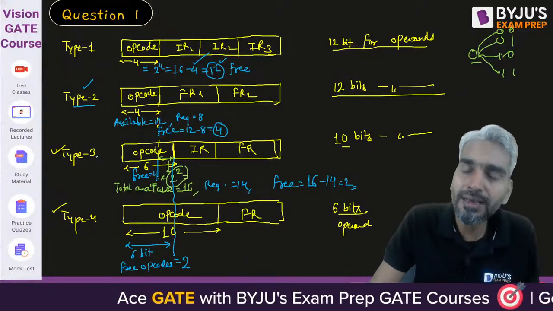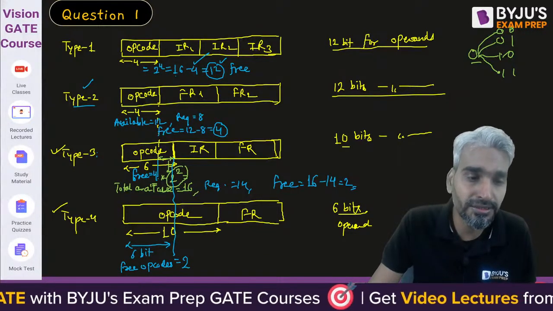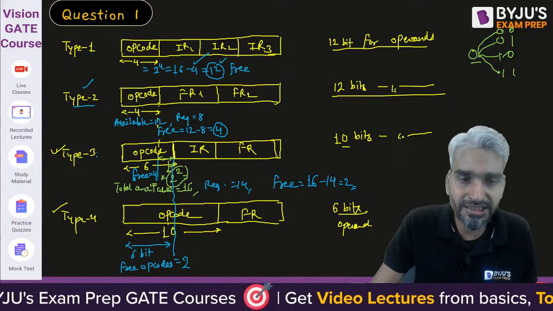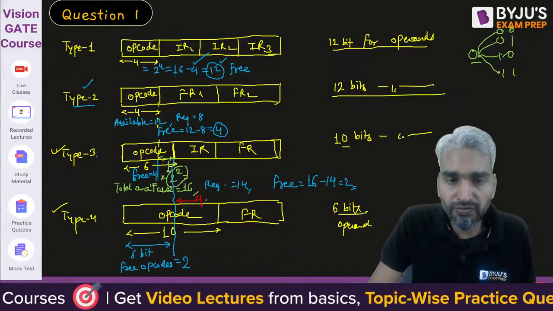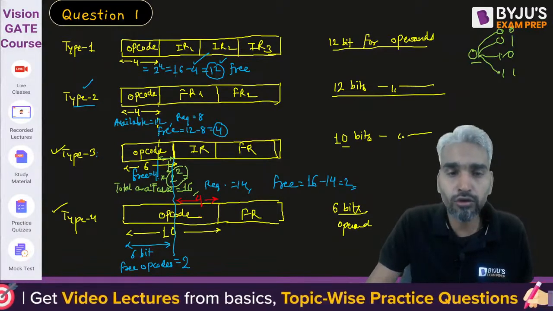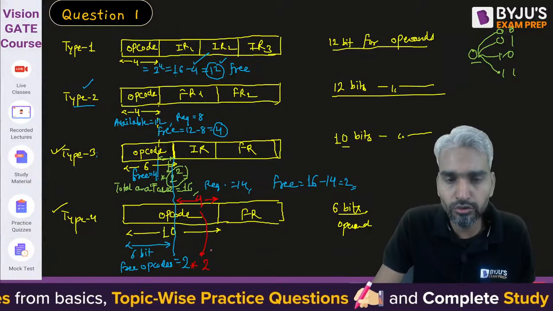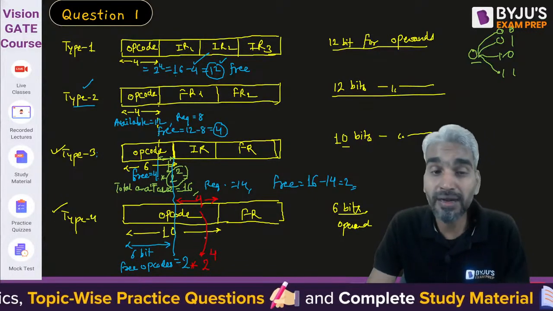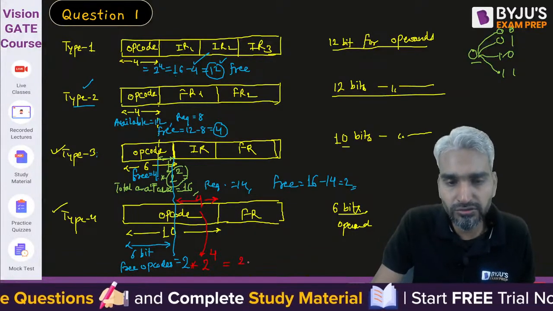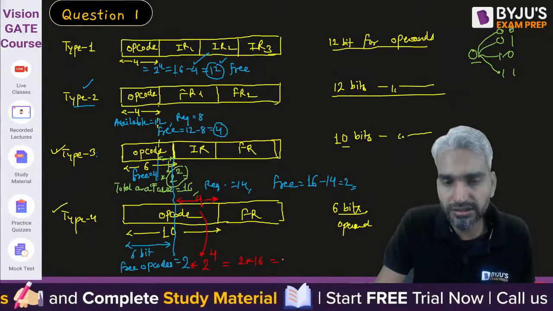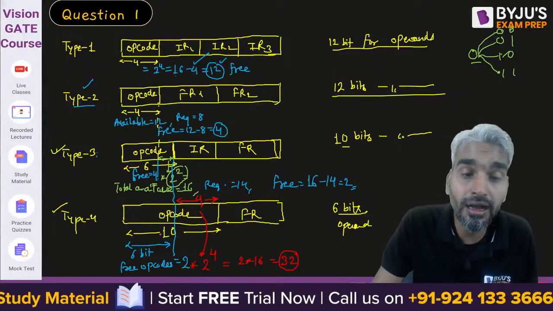With respect to type 3, the opcode field is being expanded by how many bits? The opcode field is being expanded by how many bits in type 4? Sir, the opcode field is getting expanded by 4 bits. So basically, these 2 combinations will be multiplied with 2 raised to the power 4 different patterns of 4 bits, and ultimately the number of combinations will be 32 free opcode patterns of 10 bits.